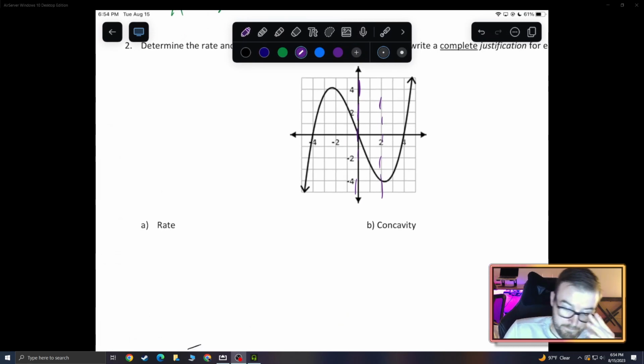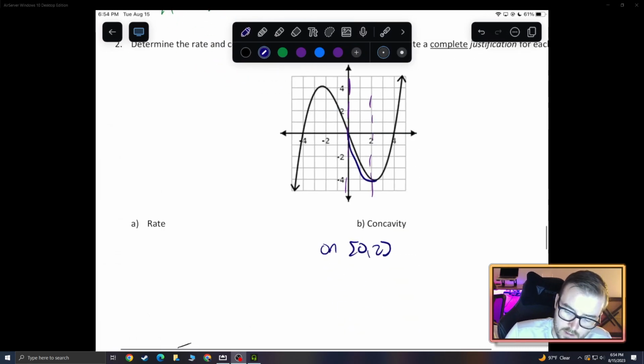So this goes back to those really formal things that I had us write in class. So for concavity, hopefully you can see that this is concave up. And so on 0 to 2, yes, h of x is concave up.